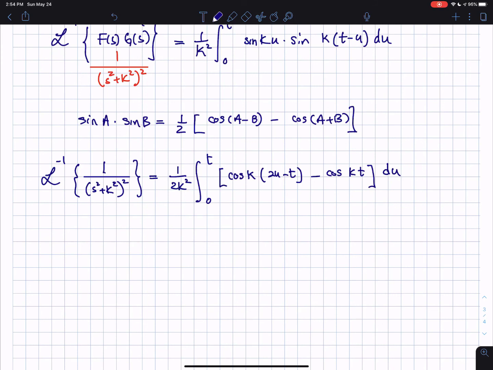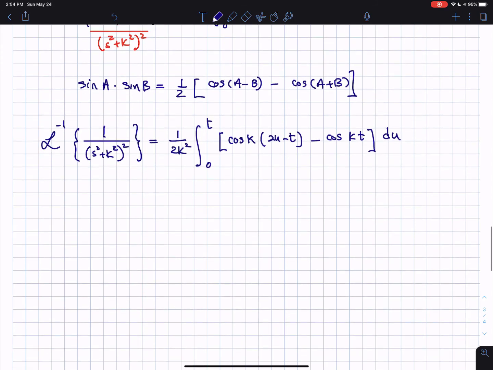And that's what you end up with. And if you take the integral, and that's a simple integration process, you'll see 1 over 2k squared, I can pull that out. It will be 1 over k times (sine of kt minus kt cosine of kt). You can write it more combined, but that'll be my Laplace inverse.